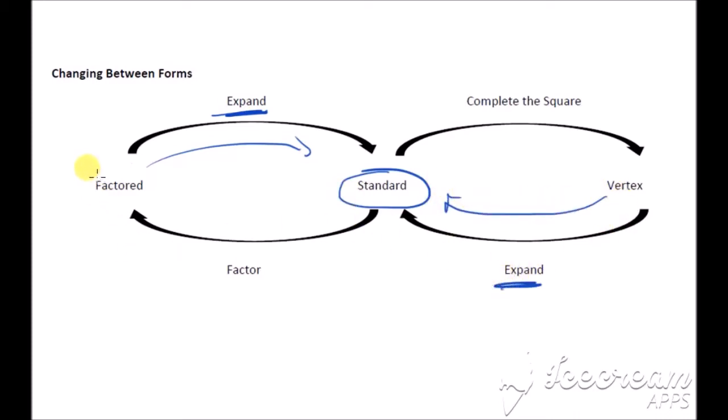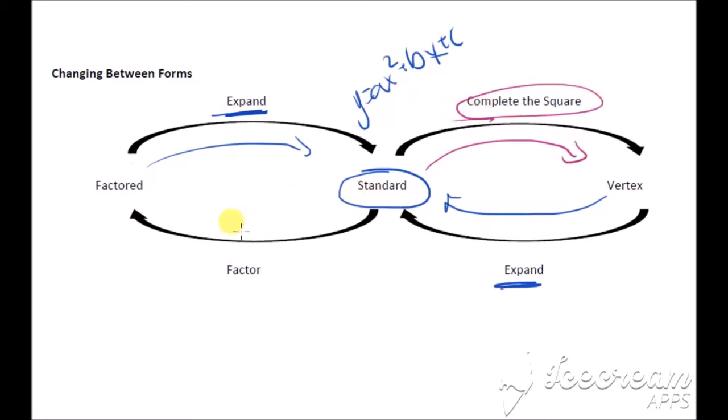Anything going to standard, we expand the whole thing because we know standard is completely expanded form, x squared plus bx plus c. There's nothing factored in here. Now, if we want to go from standard to vertex, we have to complete the square, and standard to factored form, we simply have to factor. So we can go from one form to the other, no problem, we just have to know how to. Standard form is that middle ground.